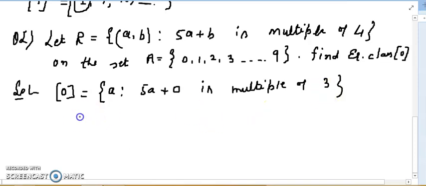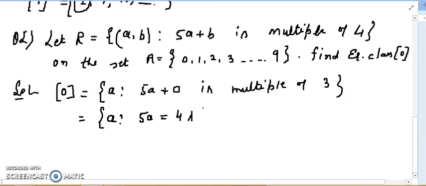All right, so a such that 5a equal to, you have to assume 4 lambda. Why are we taking 4? Because this is a multiple of 4. In the previous question it was a multiple of 3, so you took 3 lambda.